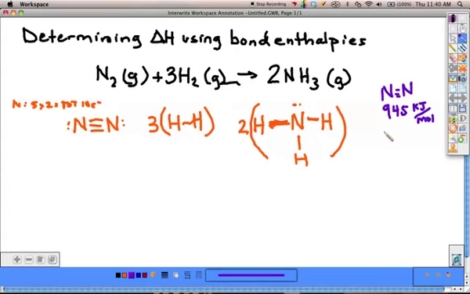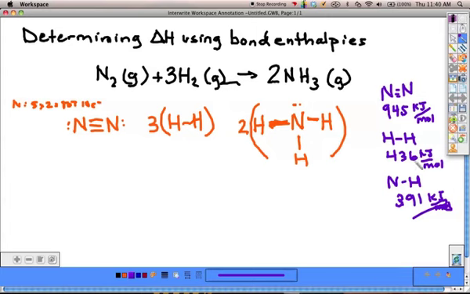I also see that a hydrogen-hydrogen single bond is 436 kilojoules per mole. And finally, nitrogen bonded singly to a hydrogen contains 391 kilojoules per mole of energy.